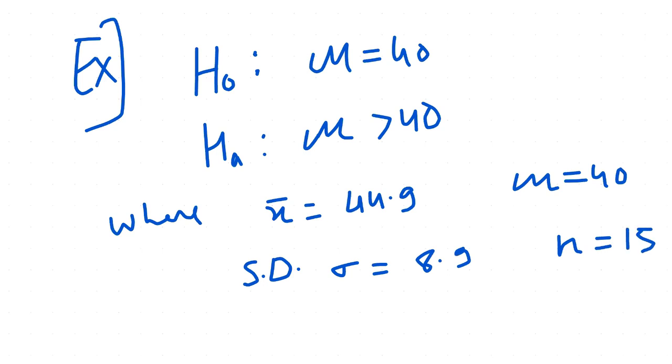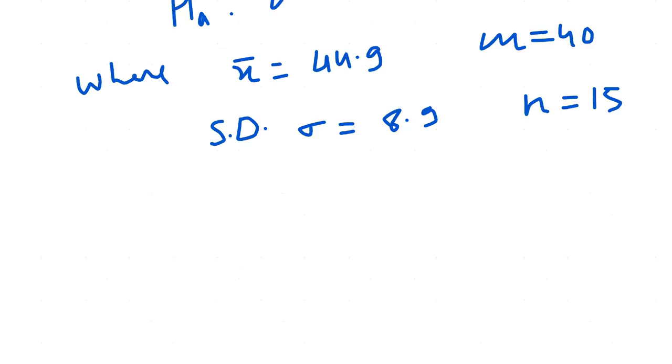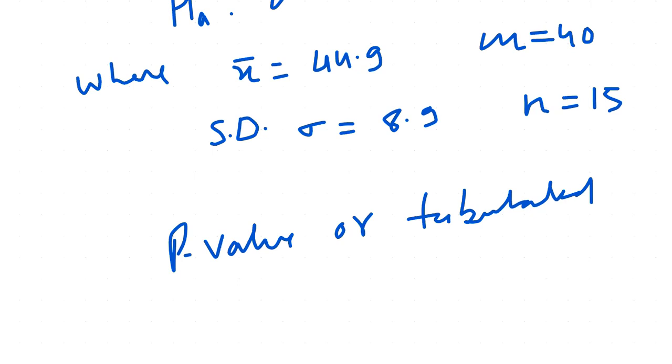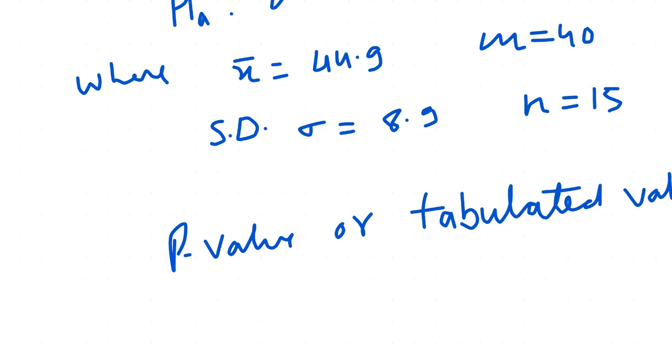And the tabulated value, or p value, is 0.026.